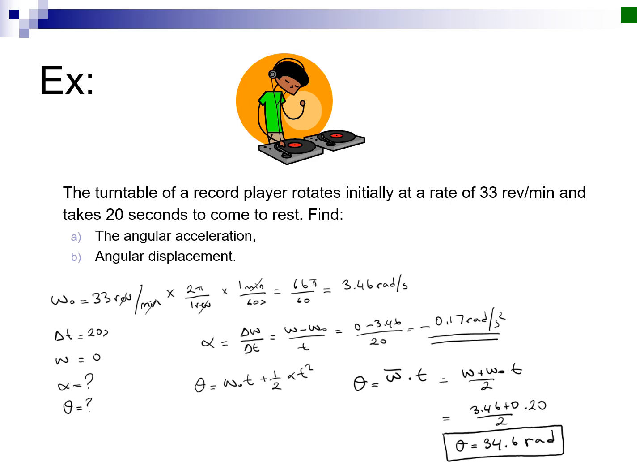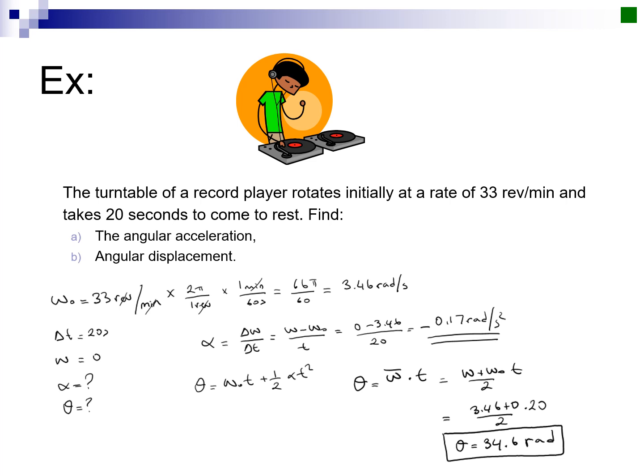This gives us 66 pi over 60. Doing a quick calculation using the calculator, we find that is 3.46 radians per second.